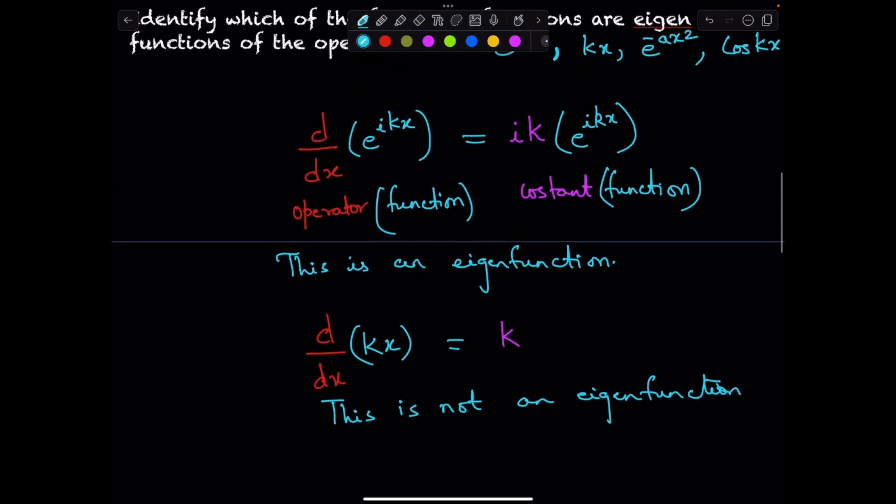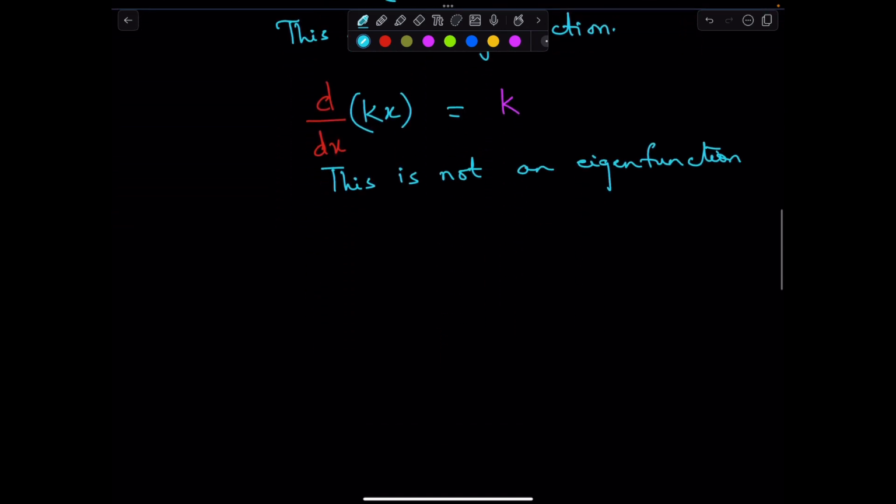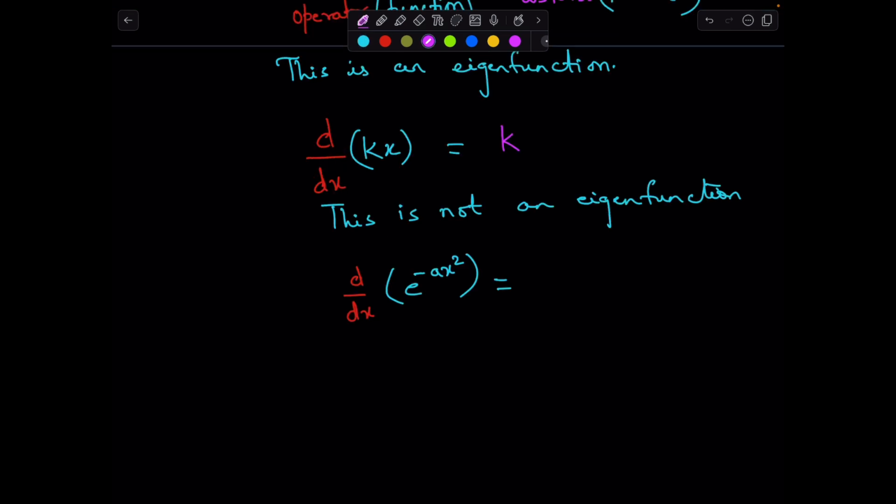Next is e power minus ax squared. d by dx on e power minus ax squared gives minus 2a x times e to the power minus ax squared.